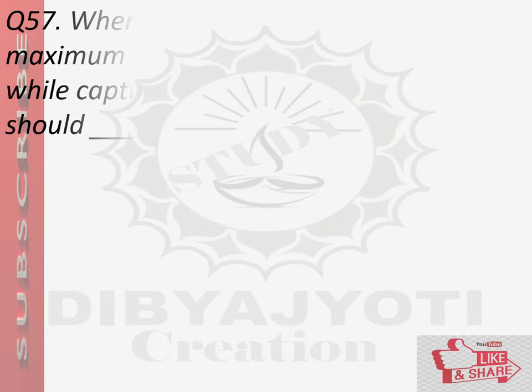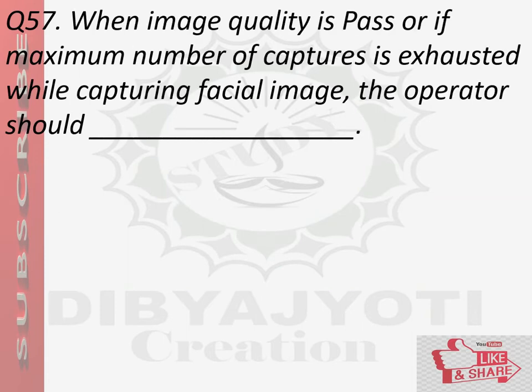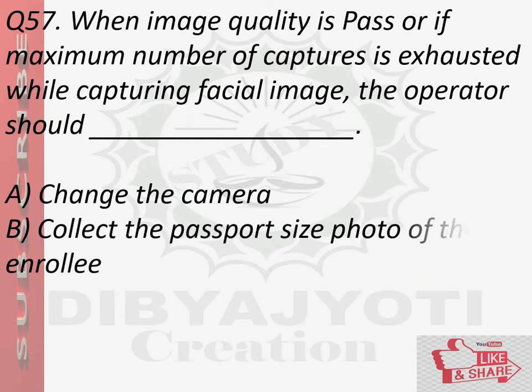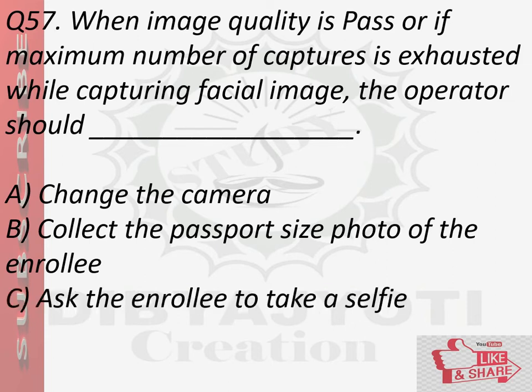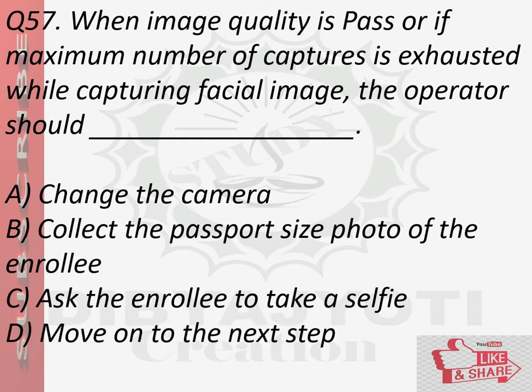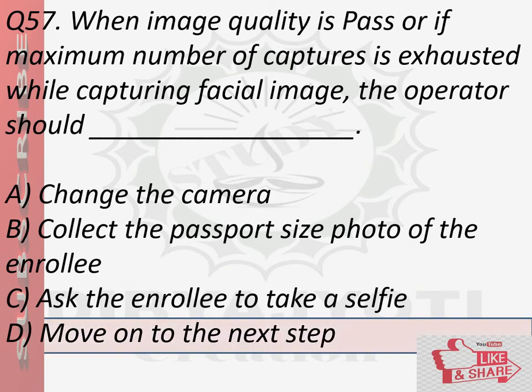The next, when image quality is pass or if maximum number of captures is exhausted while capturing facial image, the operator should dash. Options are option A, check the camera, option B, collect the passport size photo of the enrollee, option C, ask the enrollee to take a selfie, option D, move on to the next step. And answer is option D, move on to the next step.